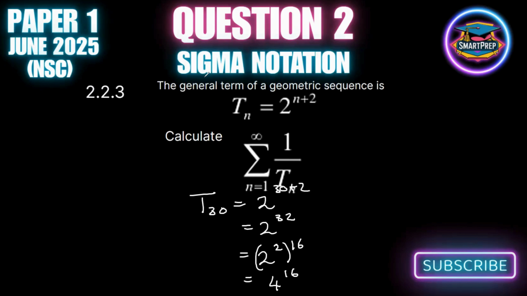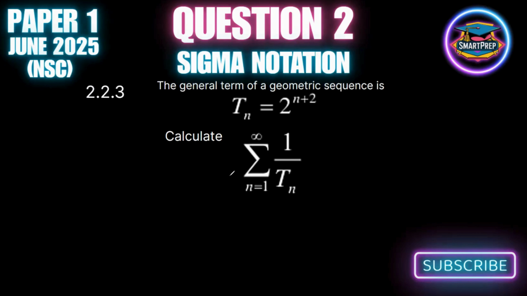Okay, so now they want the sum. Let's just clear all this. All right, well, we know that the terms of our 2 to the n plus 2, the first term we got was 8.